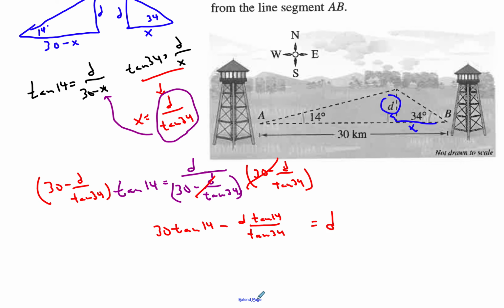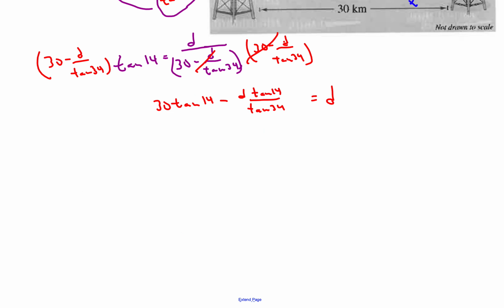Okay. So what this enables me to do is collect all the D terms to one side by adding this. So I'm going to get D plus D times tangent 14 over tangent 34 equals 30 tangent 14.